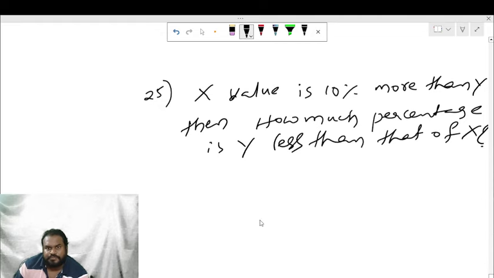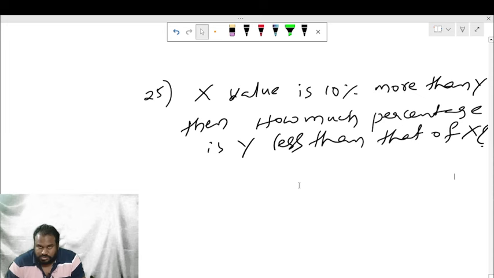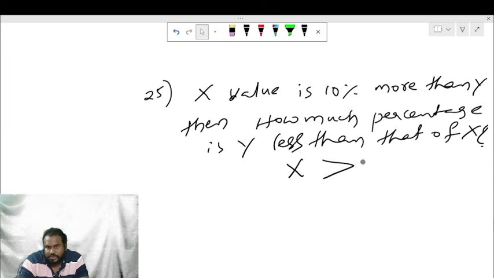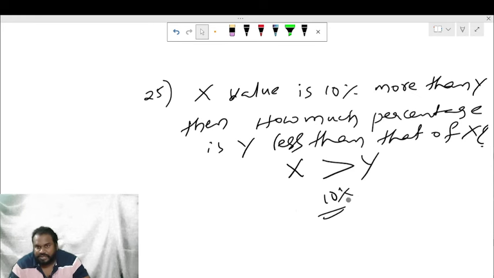The next question: x value is 10% more than y, then how much percentage is y less than that of x? Okay. If x value is 10% more than y, so I'll take y as 100 and x as 110.